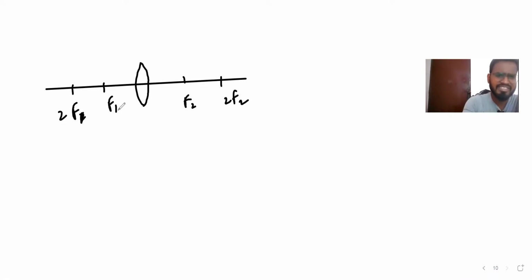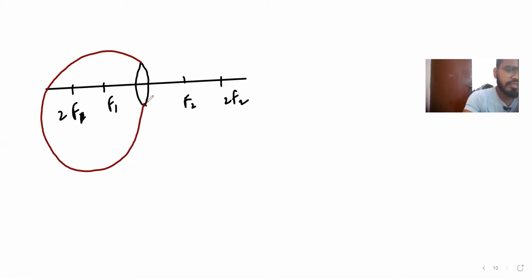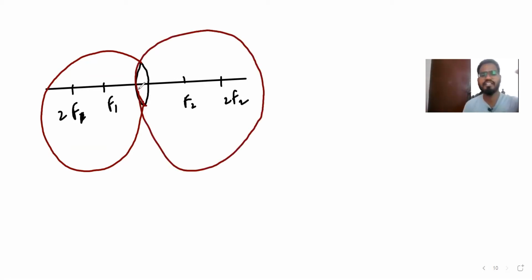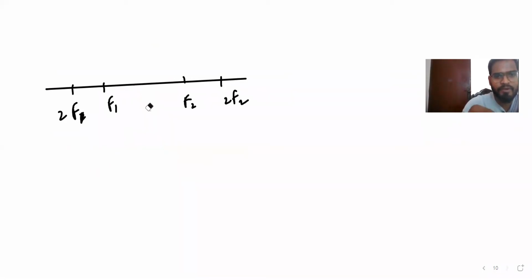See, why we are writing this way is, if you consider one thing here, let's change the color. This is going to be one circle and this is going to be another circle, right? These two circles are there. Okay, let's draw it properly so that you will understand what I'm trying to say.